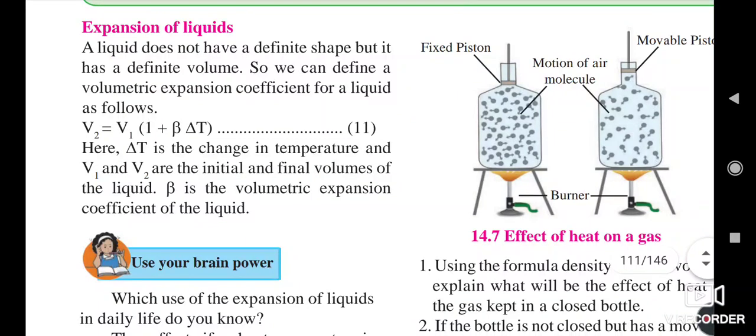The expansion of liquid: like solids, liquids also expand. A liquid does not have a definite shape, but it has a definite volume. So we can define the volumetric expansion coefficient for a liquid as follows: V2 = V1(1 + β ΔT).